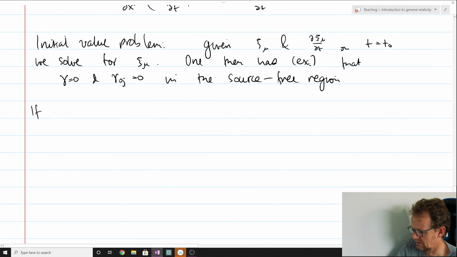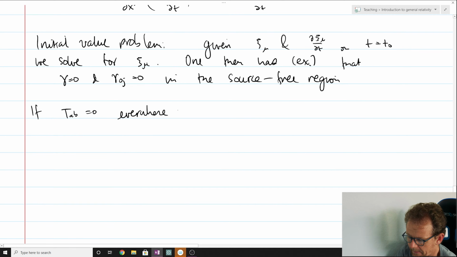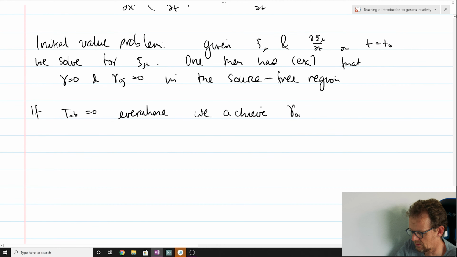So if T_AB equals 0 everywhere, we can ensure this additional gauge condition that I mentioned earlier, namely that gamma naught naught equals 0 everywhere, as follows.